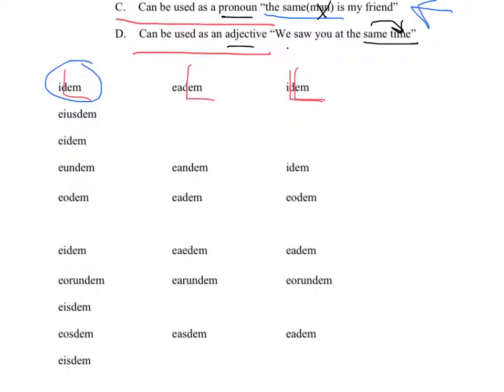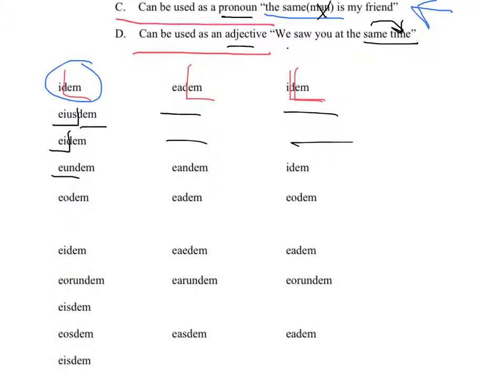It's like is, ea, and id, but not exactly the same. Now in the genitive, it is very predictable: eius plus the -dem, which never changes. Eiusdem, eiusdem, eiusdem. Then eidem, eidem. I'm just emphasizing the pronunciation there.